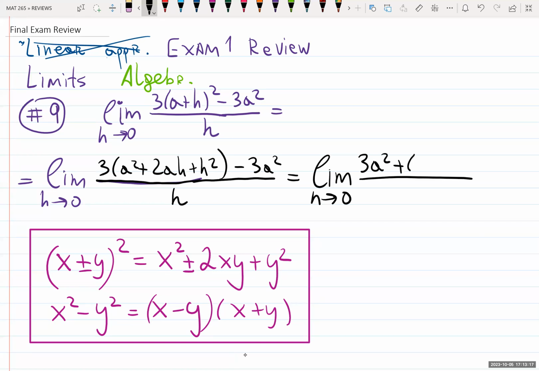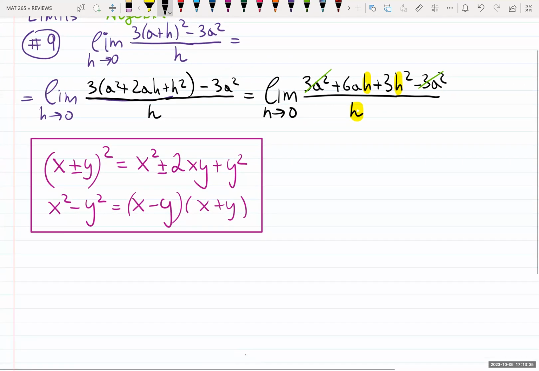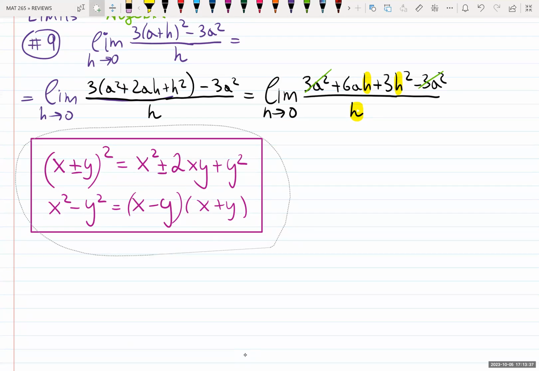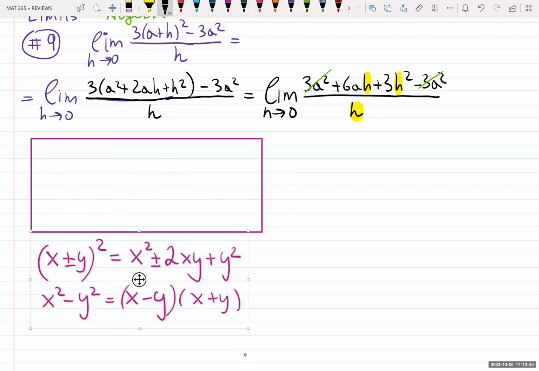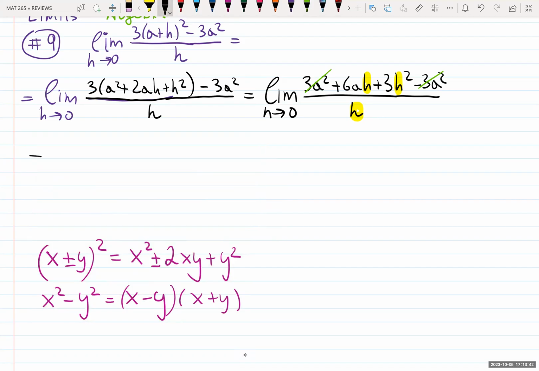Something should go away, because then I can factor out h and the division by 0 goes away. So, of course, the limit as h goes to 0 of h times (6a plus 3h) over h cancels out.